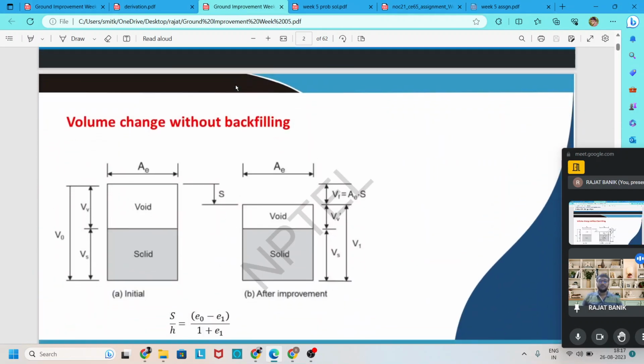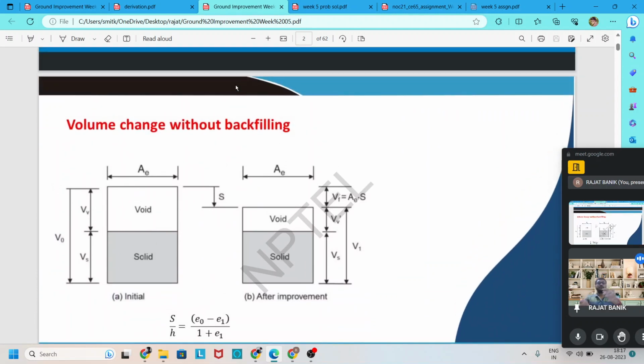we start with some derivations. One is, when we apply vibro compaction, how much ground subsidence happens, which is derived from an equation. For this, we apply three conditions. One is when the subsidence happens without backfilling, that means we do not use backfill material. The second is the same thing with backfilling.